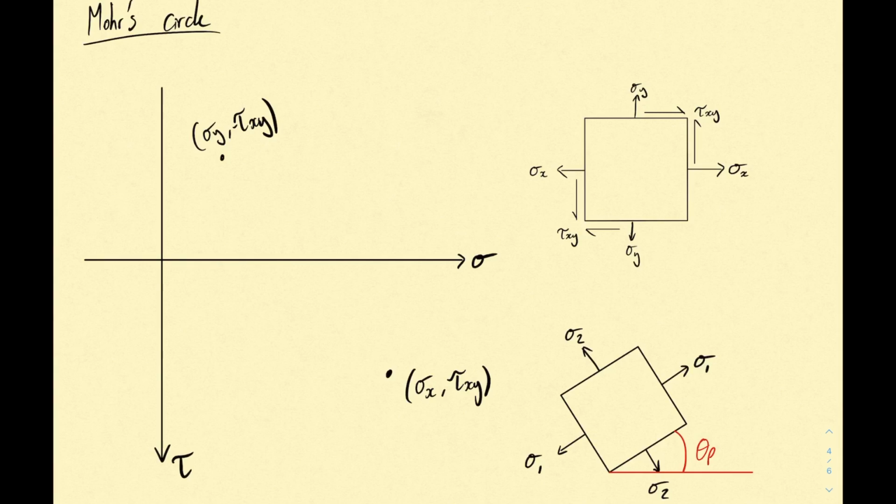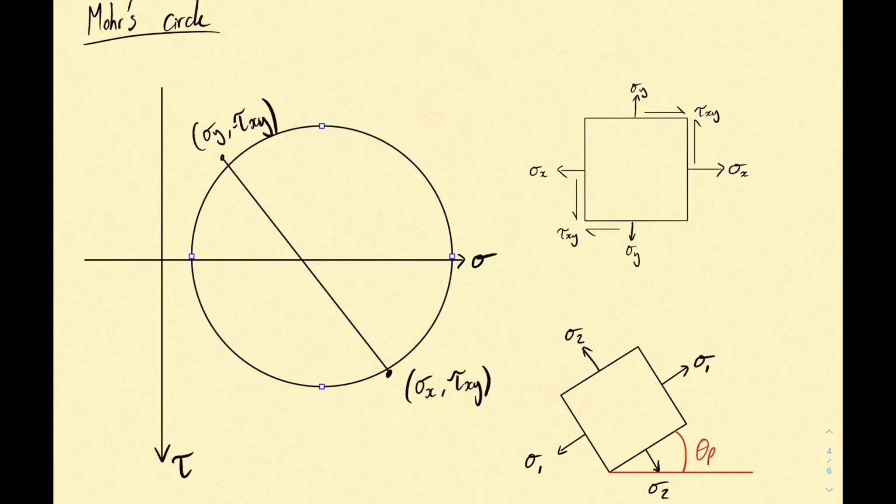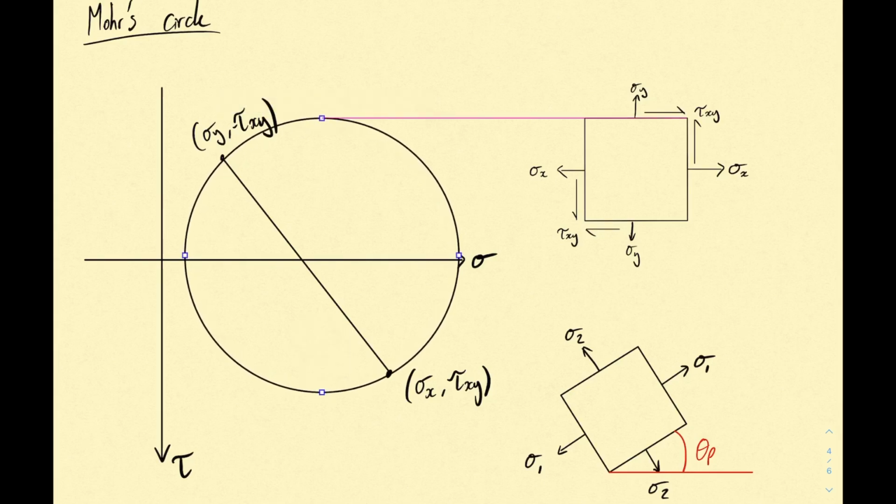Once you have that, you can connect these dots to give you effectively the diameter of Mohr's circle, and you can carefully connect these so that you get your Mohr's circle.